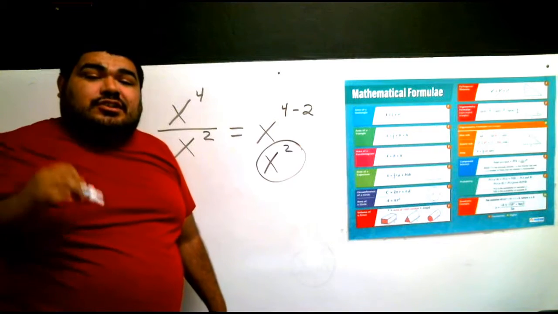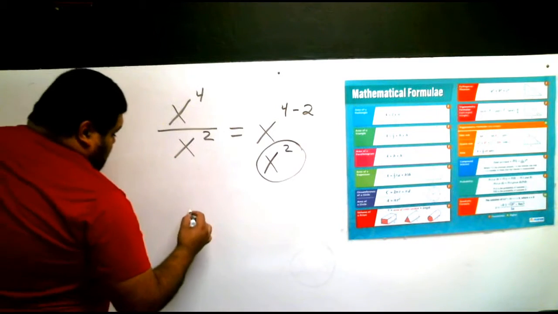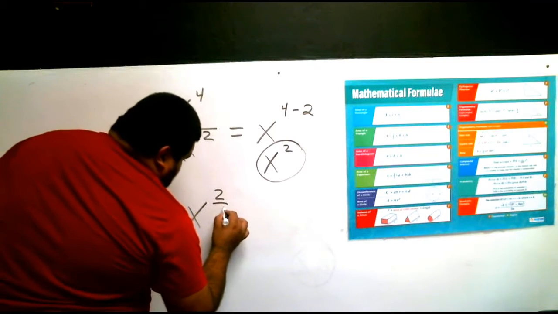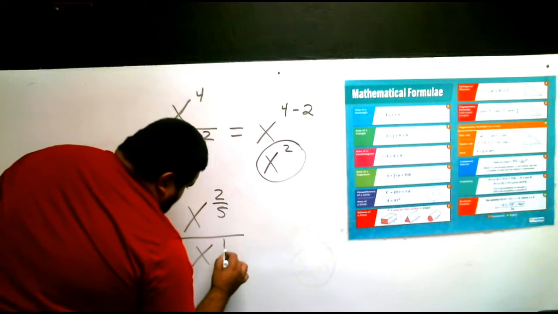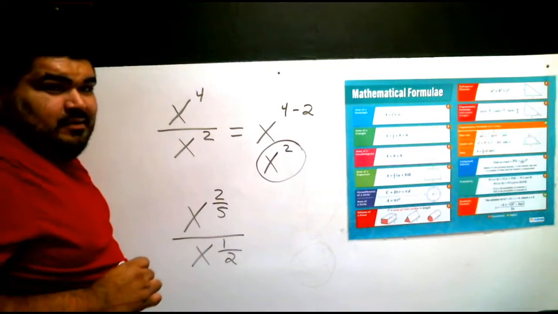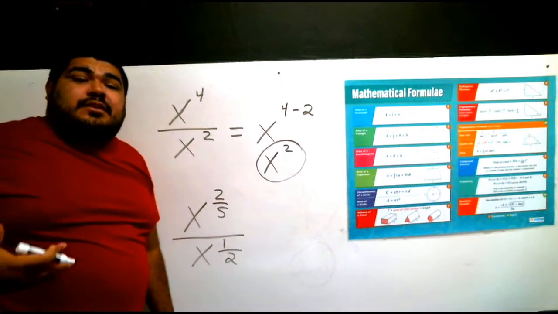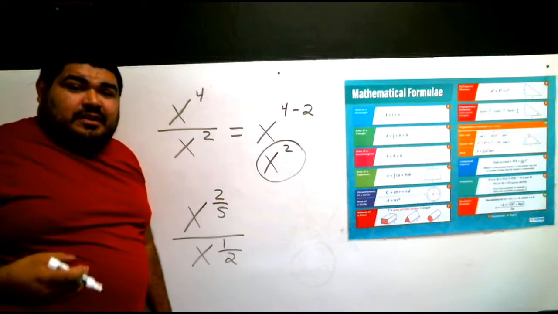Let's do one with fractions, just so you guys can get the hang of it as well. x to the 2/5 over x to the 1/2. Notice that, again, I didn't use the same denominator, so we have to alter it.